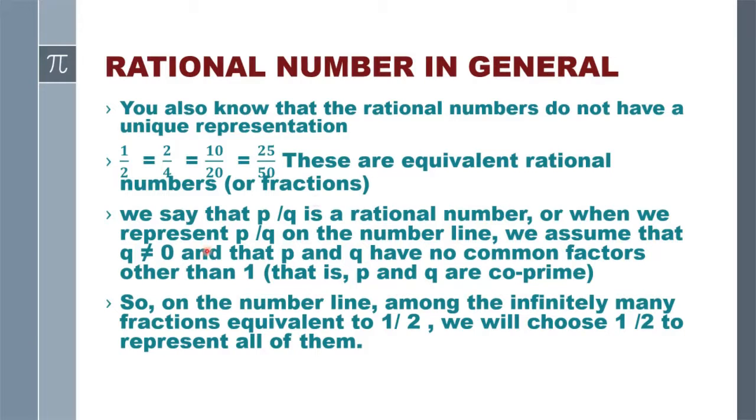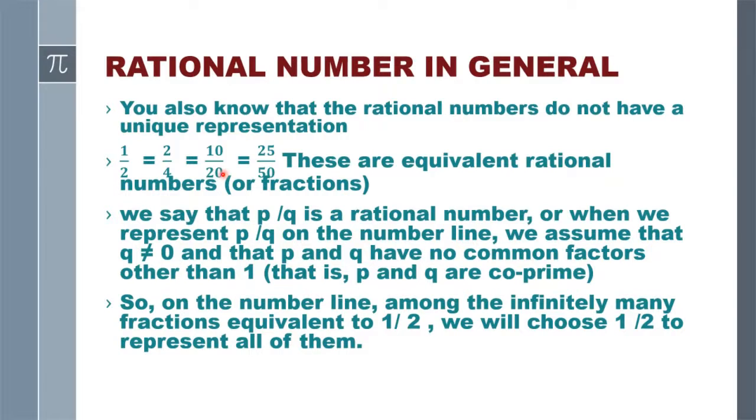We say that P by Q is a rational number, or when we represent P by Q on the number line, we assume that Q is not equal to 0 and that P and Q have no common factors. This is the general form of rational numbers. Whenever we are talking about P by Q, we are only talking of forms like half. What is the difference between this half and 10 by 20?